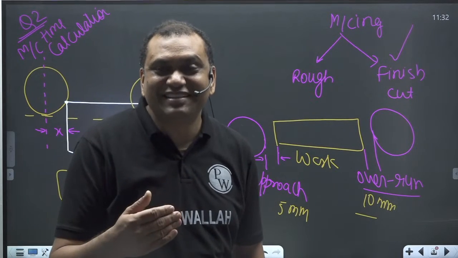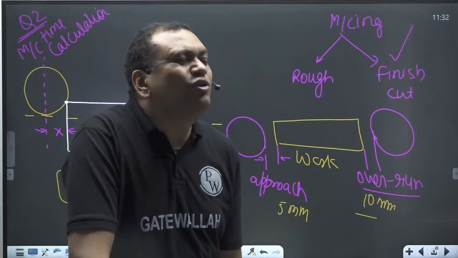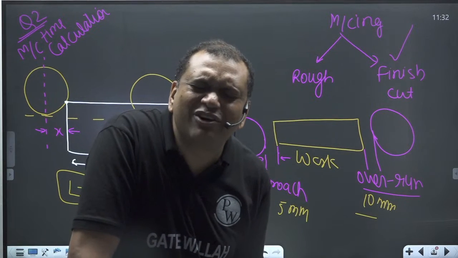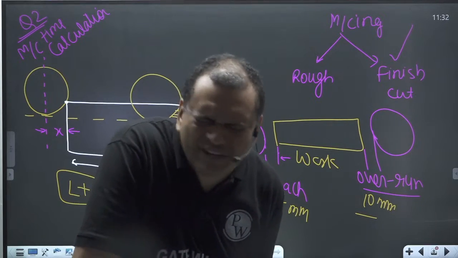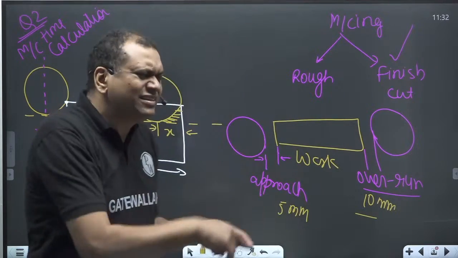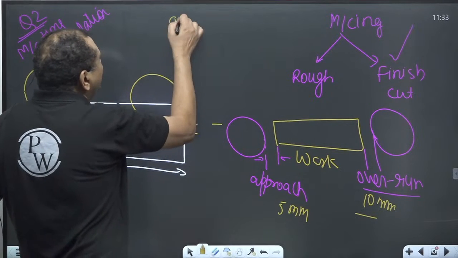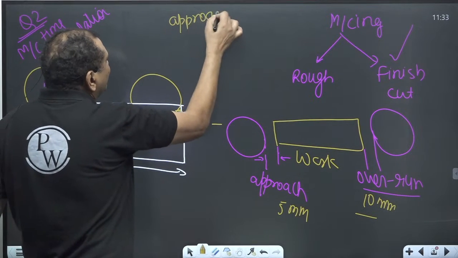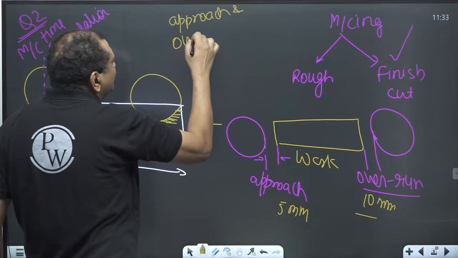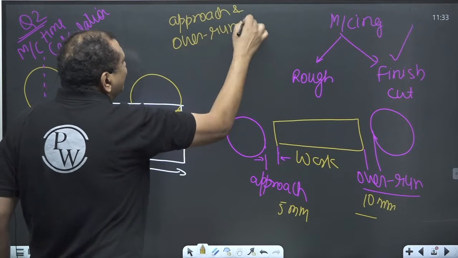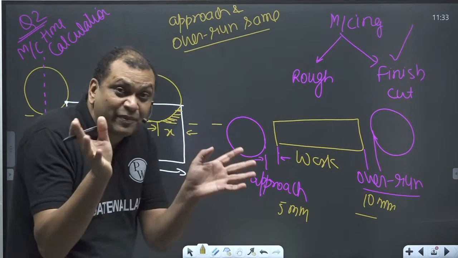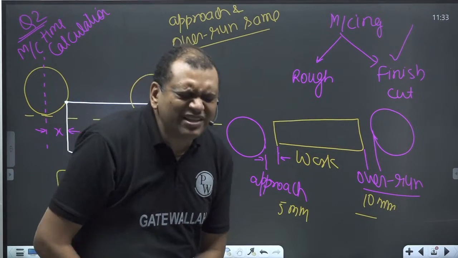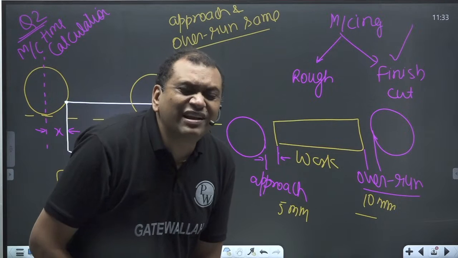But suppose numerical values of approach and overrun are not given to you. The question says take approach and overrun same, because in GATE all types of permutation combinations came.